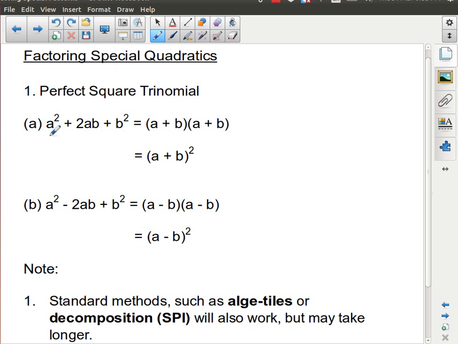So if it's in the pattern a squared plus 2ab plus b squared, this is the positive pattern, the binomial ends up being a plus b all squared. If you have a squared minus 2ab plus b squared, another perfect square in the end, so this time it's a minus, we end up with the pattern a minus b all squared.